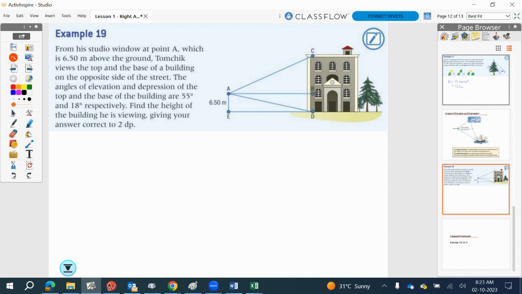Should take 5 minutes. Those are questions. Copy down the diagram, try and solve it.